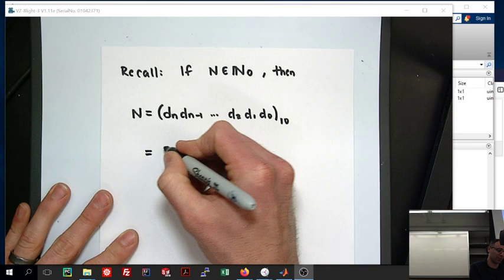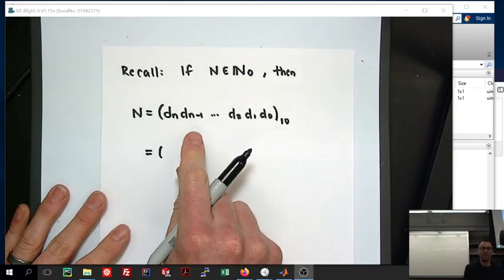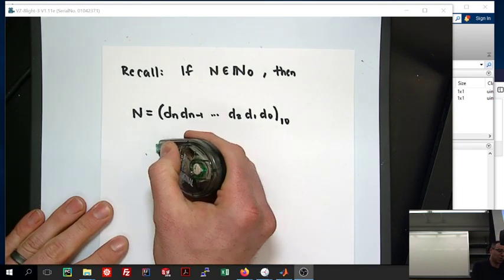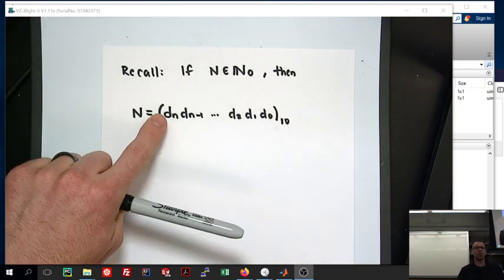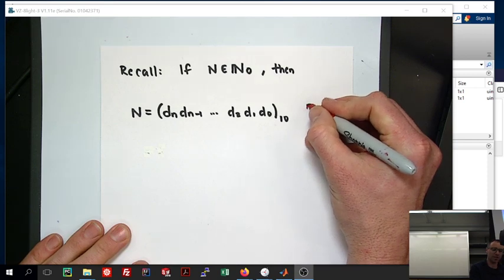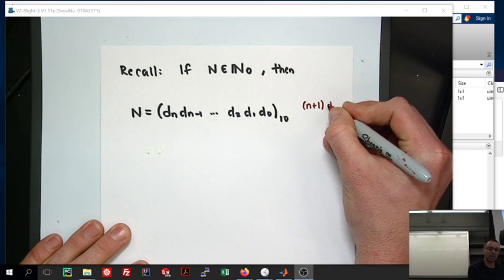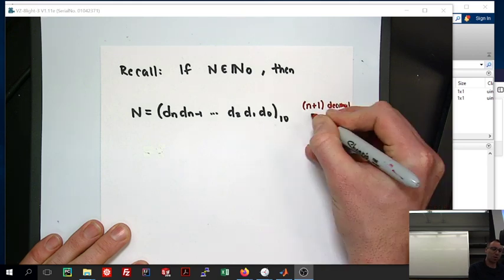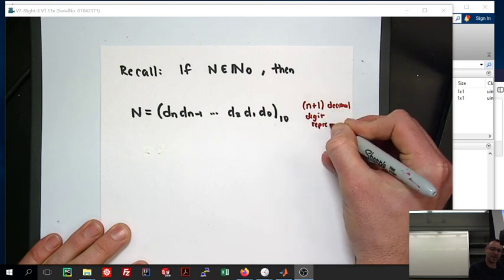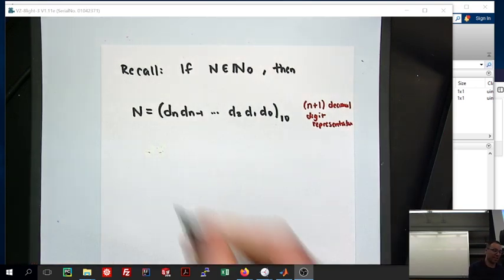You were not only close, I would say you were spot on. What's this thing called? How many? N plus 1 decimal digit representation. So that's one representation. What's the other one?